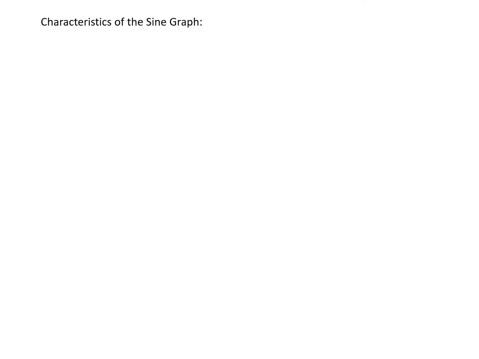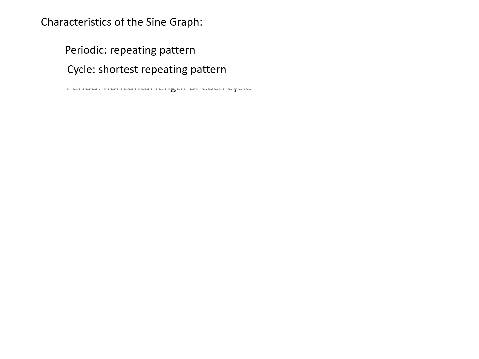All right, let's talk first about some characteristics of the sine graph. It's periodic, it's repeating. So that up and down curve will go on and on and on forever. The cycle is the shortest repeating pattern. So I showed you one cycle. The period is the horizontal length of each cycle. So on the one I showed you, the period was 2 pi.